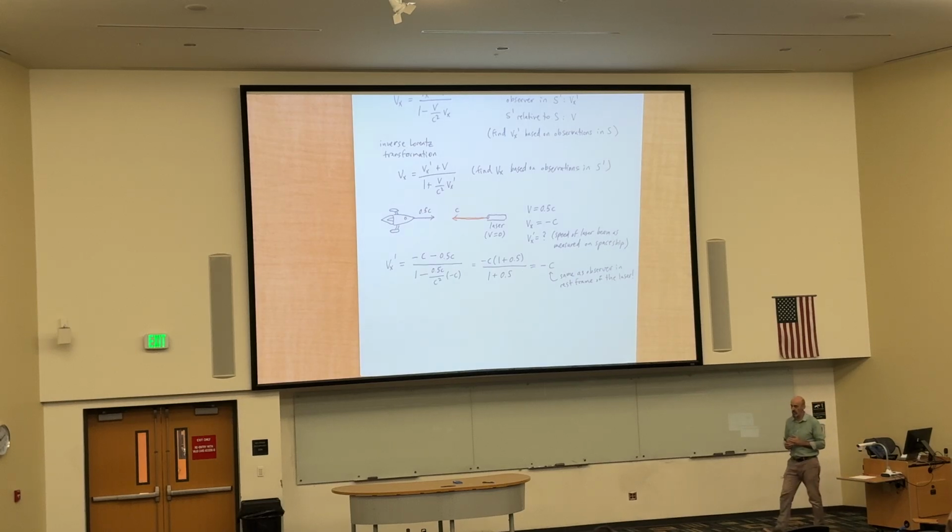Let me ask you to think back to physics 1 for just a second. What's the equation for momentum? p equals mv, right? Momentum is equal to mass times velocity. And what's the equation for kinetic energy? We've used that in this class too, I think. 1/2 mv squared, right?